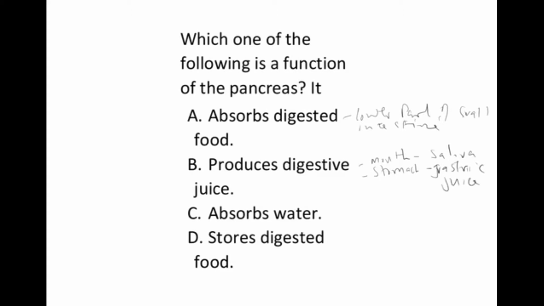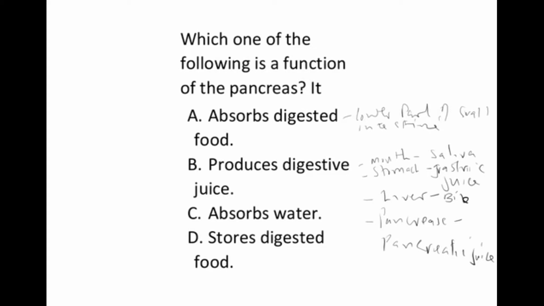We have the liver, produces the bile. Then we have the pancreas, produces pancreatic juice that helps in the digestion of food.